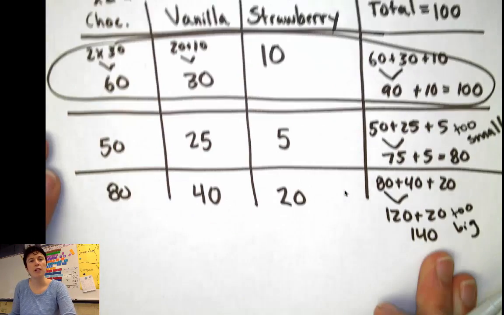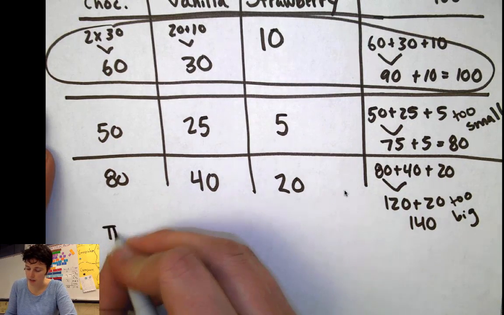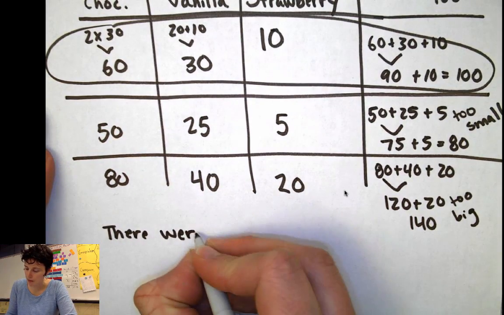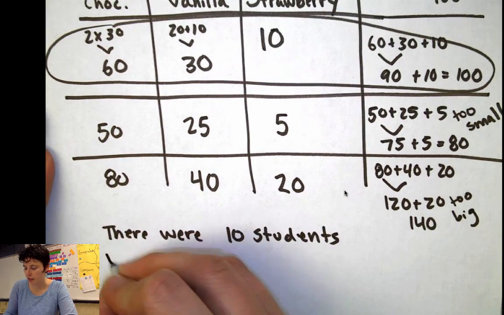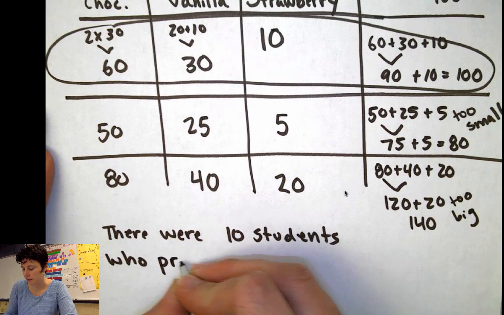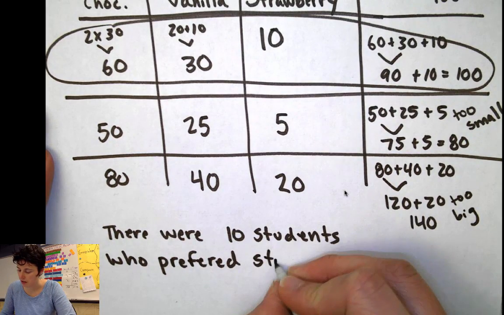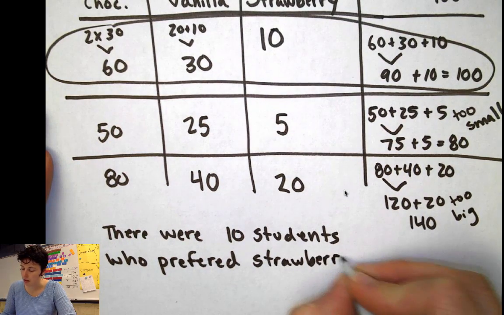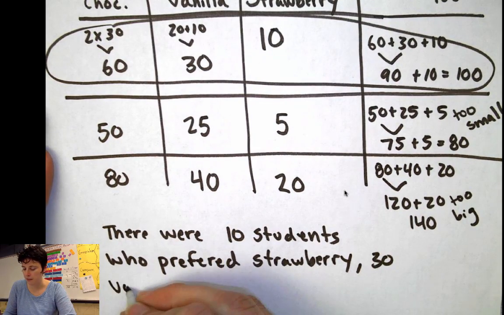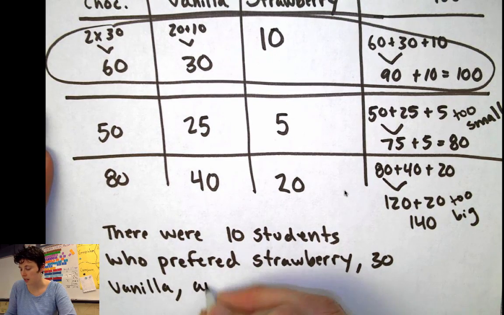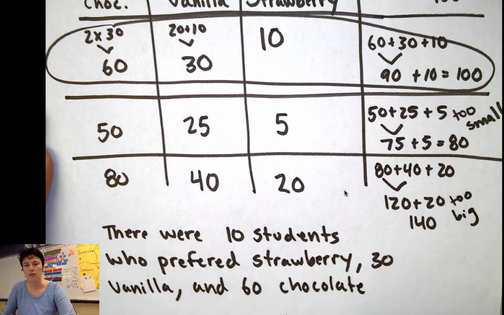And at the bottom, I'm going to write a statement so that everyone's very clear on what I came up with. So I'm going to say there were 10 students who preferred strawberry, 30 vanilla and 60 chocolate, period.